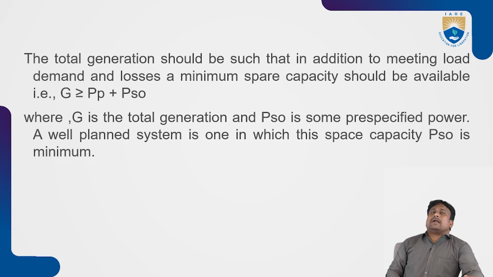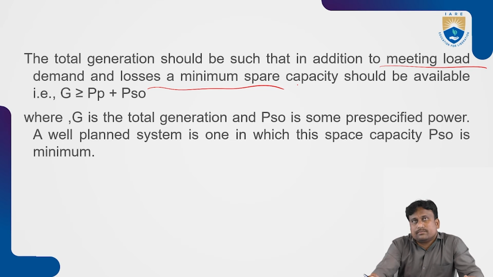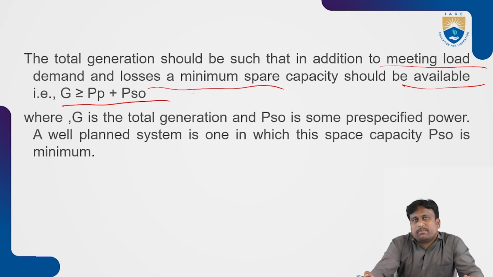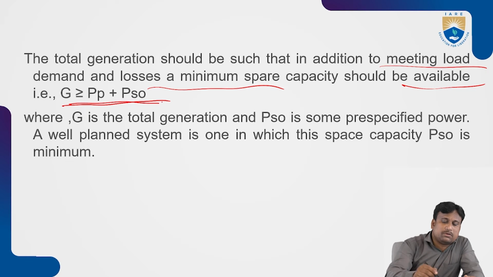Next, the total generation should be such that it meets the load requirement or demand, and losses should be minimum. That means spare capacity should be available. That is, G is greater than or equal to PD plus PSO.